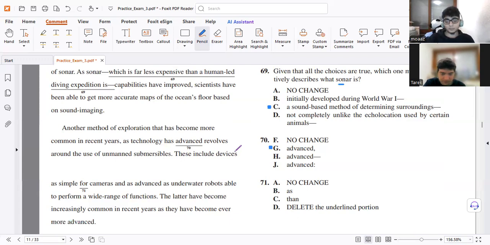Now let's study the structure of this sentence. Another method of exploration that has become more common in recent years. So where is the subject of the method? Prepositional phrase, delete. Clause, delete. Comma, non-essential, delete.